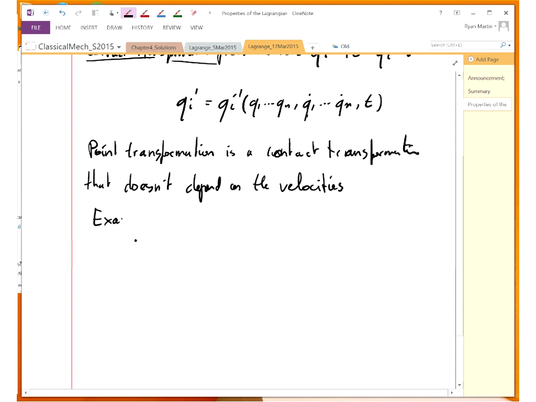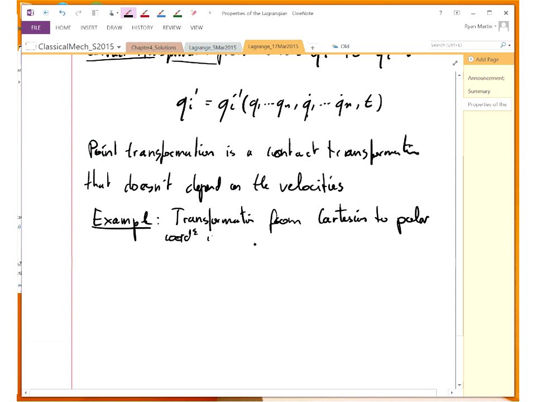For example, the transformation from Cartesian to polar coordinates is a point transformation.